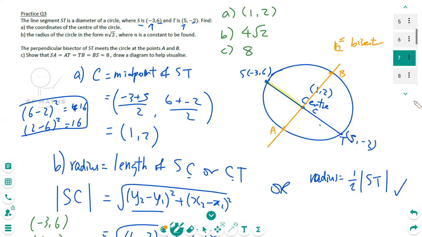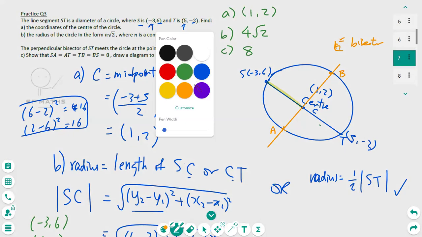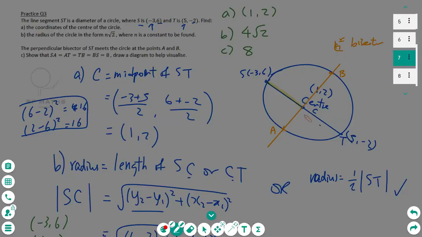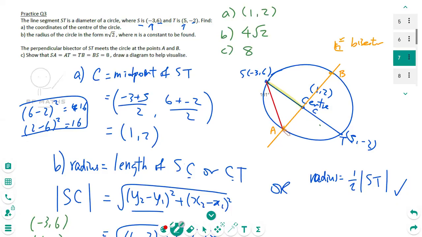They want you to show that the lengths SA, AT, TB and BS all equal 8. Obviously, my circle is really ugly, not to scale and not really a circle, but if you draw it properly, you might see a square. What we want to do is find AT.